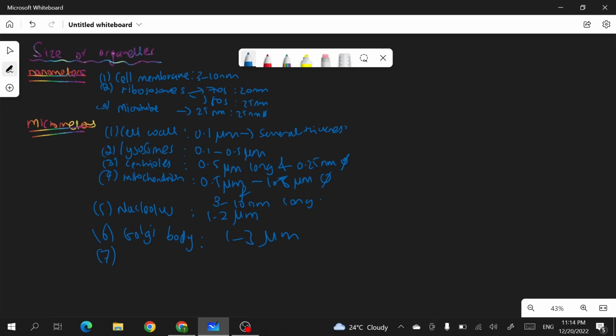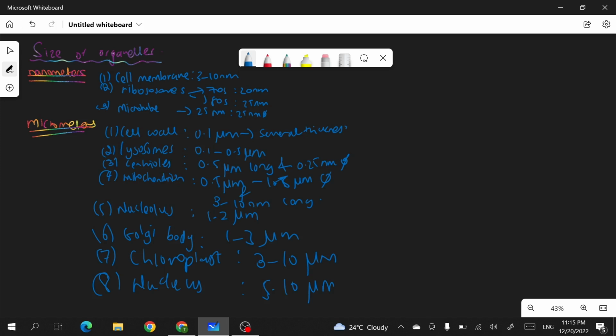Then number 7, you have the chloroplast, which is 3 to 10 micrometers. And lastly, the nucleus. That's why we call it the most prominent, because it's the biggest of all, so you can easily see it. You can simply make a table of this on an A4 paper.